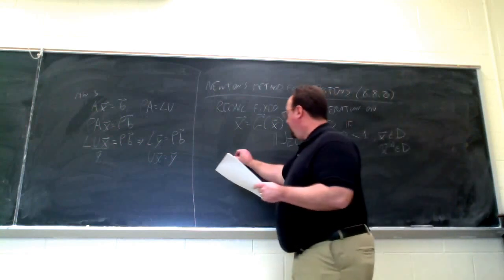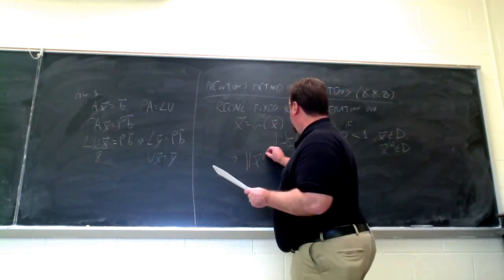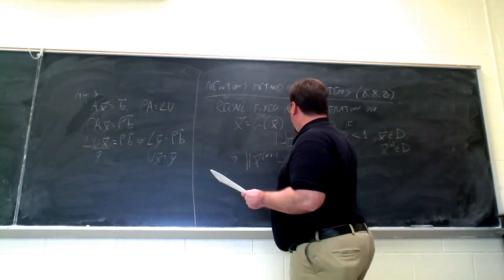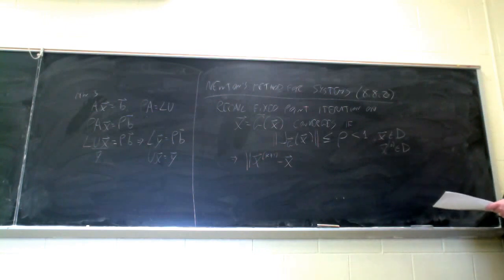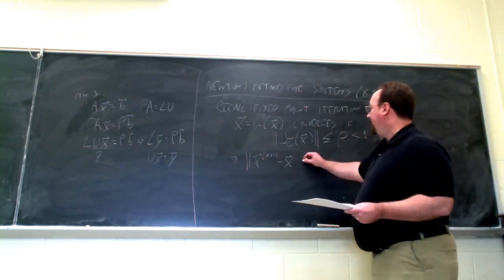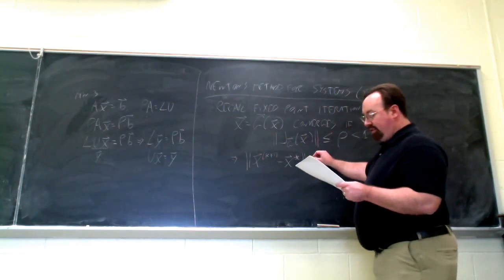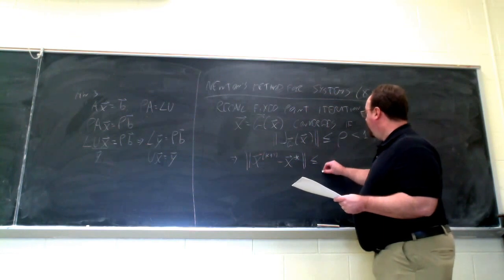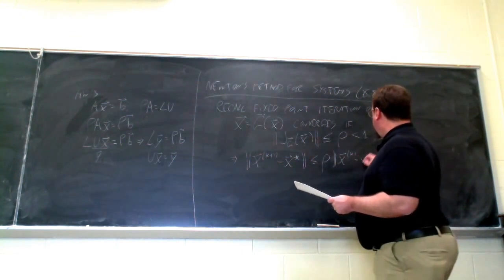The consequence, and you can show this using basically a Taylor series expansion, is that the norm of the error after k plus 1 iterations is bounded by rho times the error after k iterations.